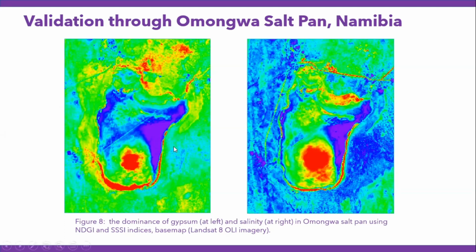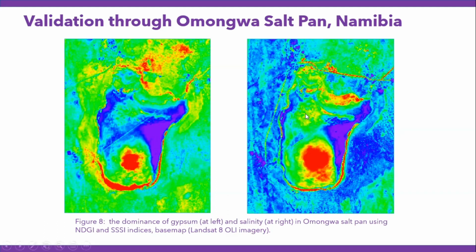So here comes the dominance of gypsum on Omongwa salt pan. It shows that both indices, SSI and the gypsum index, have mapped almost similarly the dominance of gypsum and salinity on Omongwa salt pan. But on the left, the gypsum results maybe indicate that the gypsum index further highlights just the content of gypsum, right?